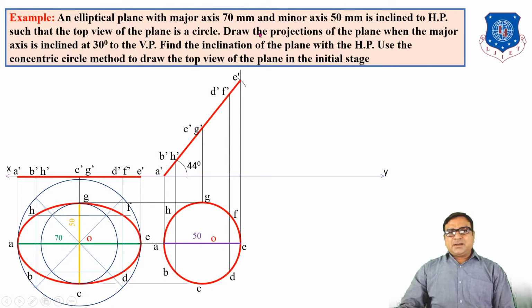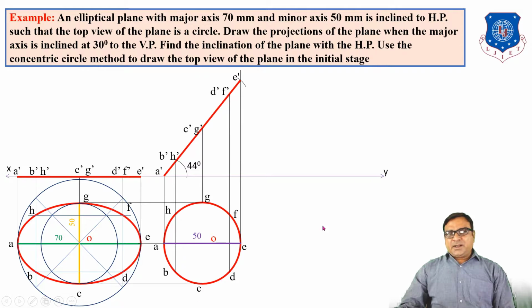In our data, we want the major axis inclined 30 degrees with VP. This major axis is already inclined 44 degrees with HP, and when we incline the major axis 30 degrees with VP, the top view of the major axis will be inclined at an angle greater than 30 degrees, which is the beta angle.